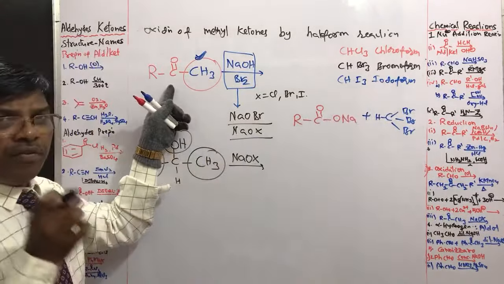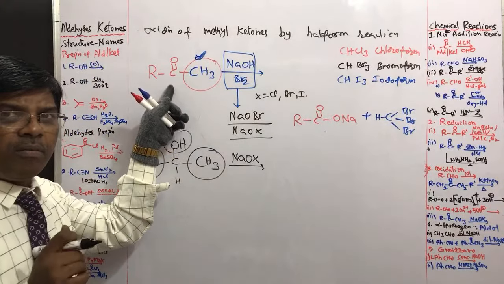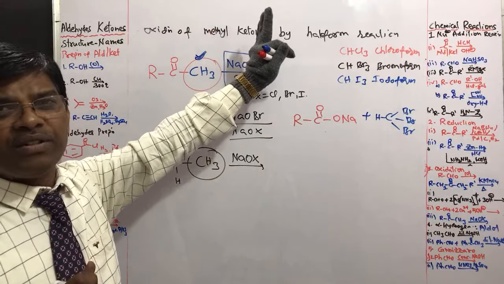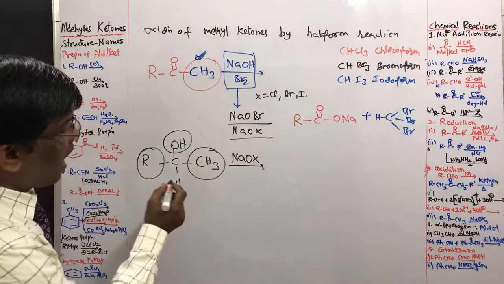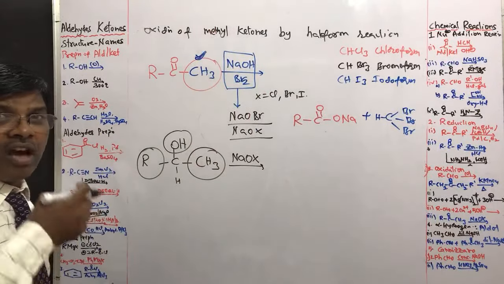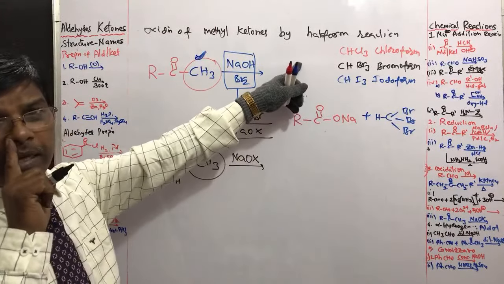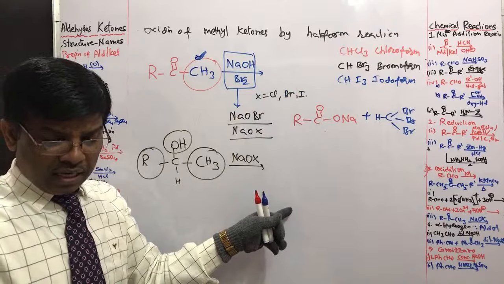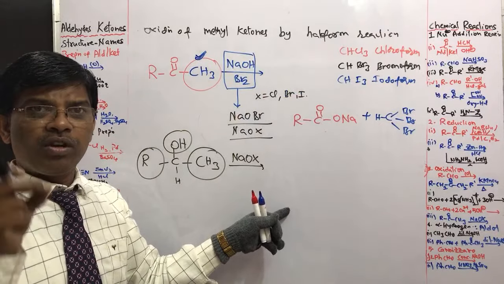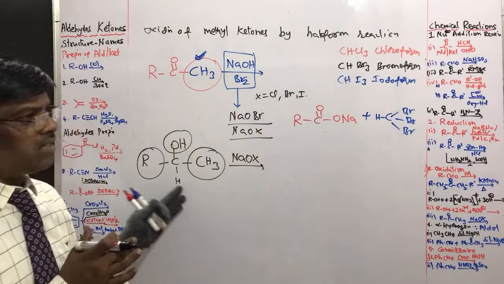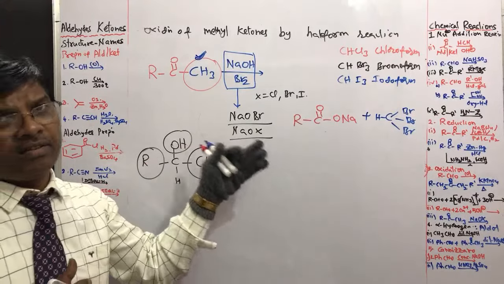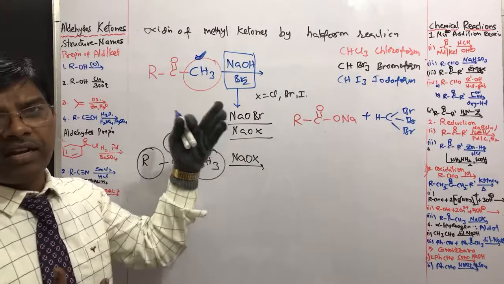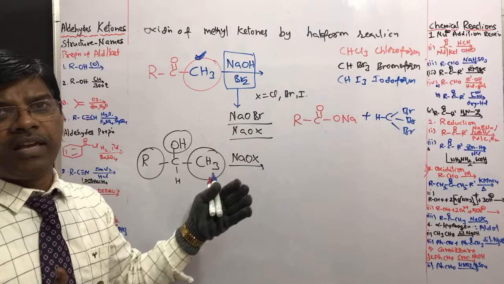So we generally remember in our mind that methyl ketones give the haloform test. Everybody knows this about methyl ketones. But hydroxymethyl compounds also give this iodoform test or haloform test, and that is why you should keenly read your NCERT book a number of times, and please try to attend this type of lectures of mine, or some other teacher may teach in a better way. You can attend their lectures on YouTube or somewhere else.